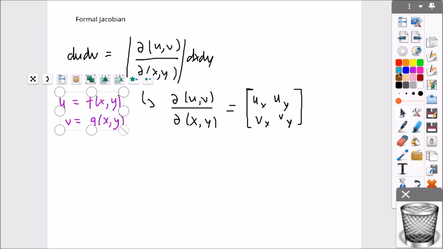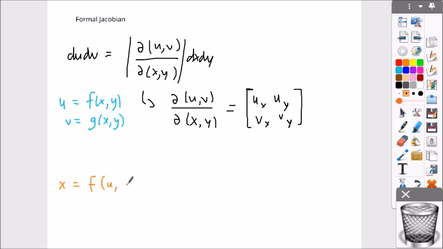However, if we have another situation where x is a function of u and v, and y is a function of u and v, then we cannot use this.